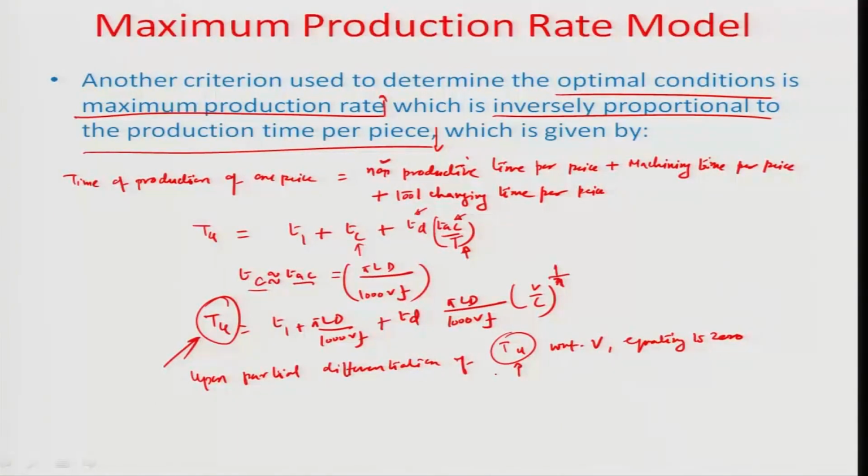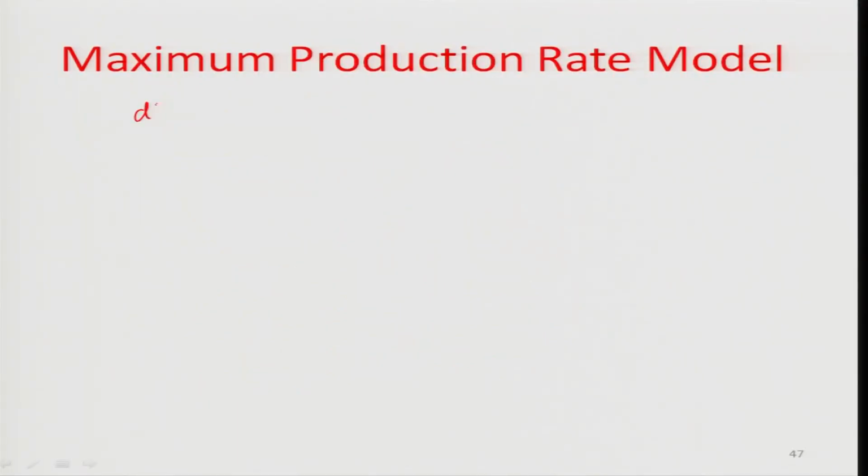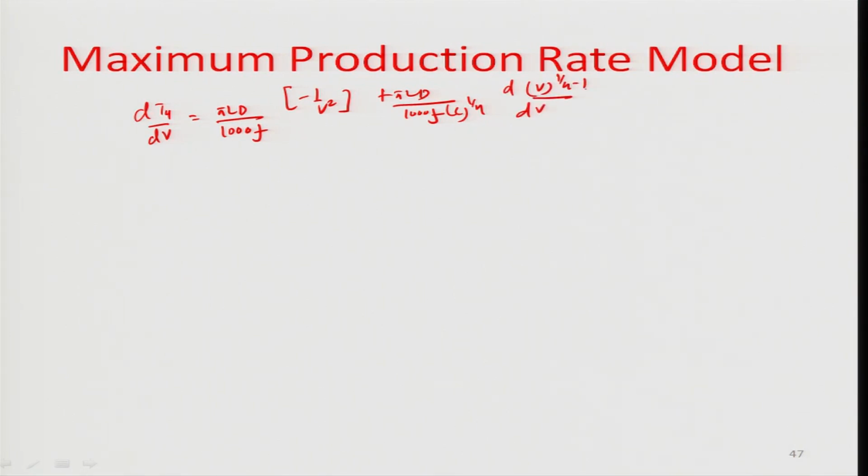So let us now do that derivation here. dTU by dV is equal to pi LD by 1000 F times minus 1 by V square, plus pi LD divided by 1000 F C to the power of 1 by n times d V to the power of 1 by n minus 1 by dV, times TD, equal to 0. Let us modify this a little bit.